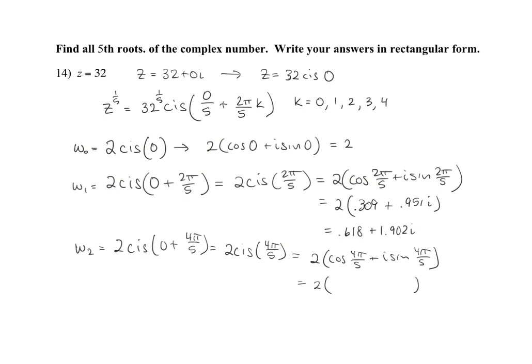Cosine of 4 pi fifths is negative 0.809.